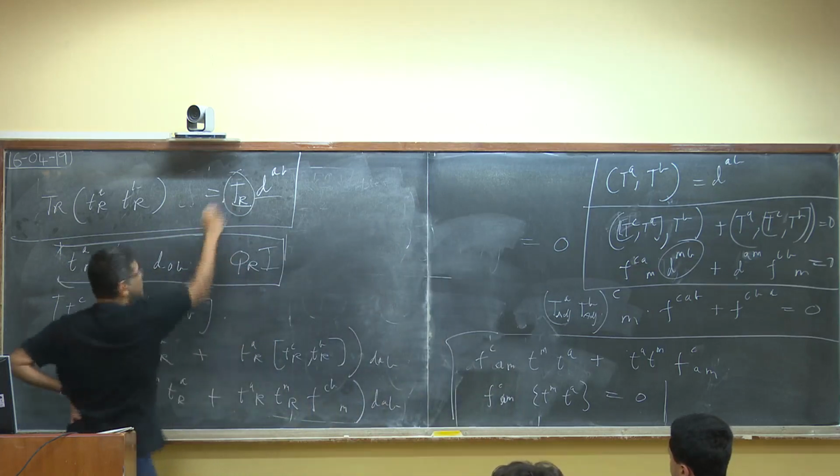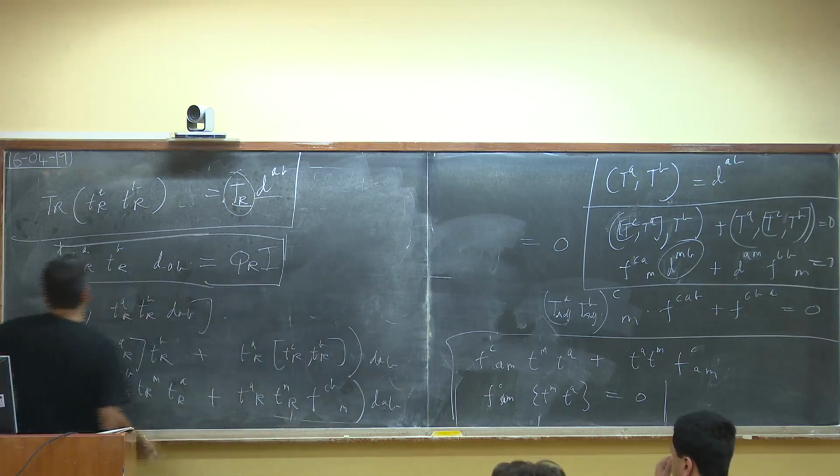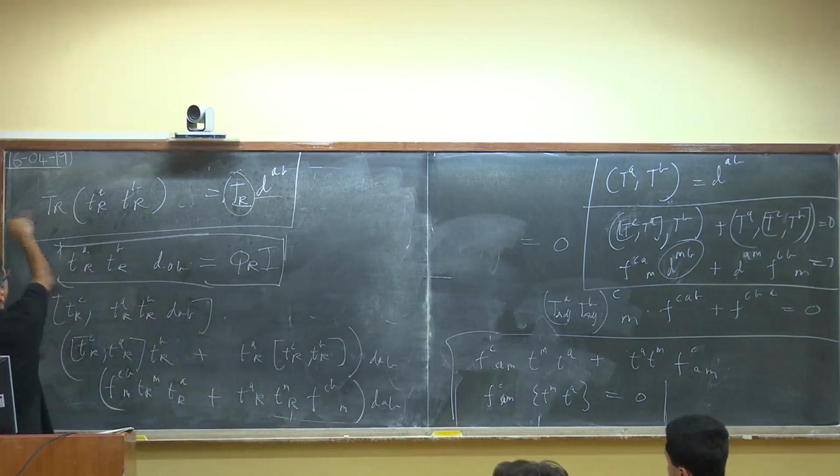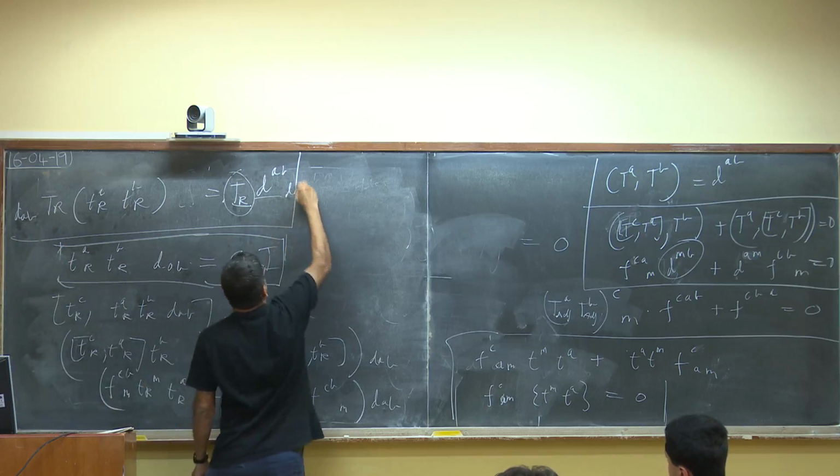So you want to give a relationship between these two numbers. Yes. Okay, excellent. Let's do what Indranil said. We take the left hand side and multiply by d_AB.